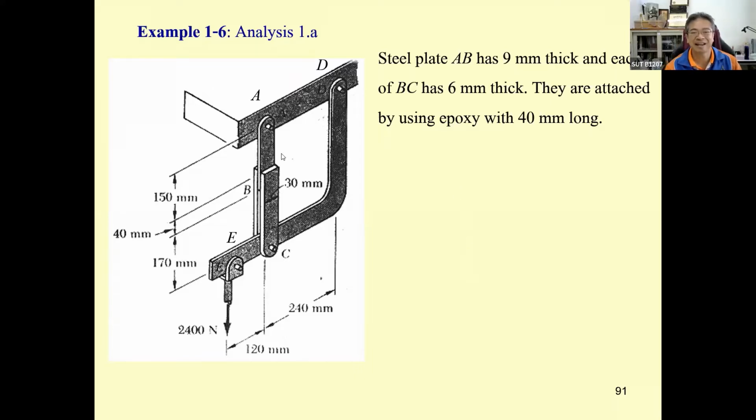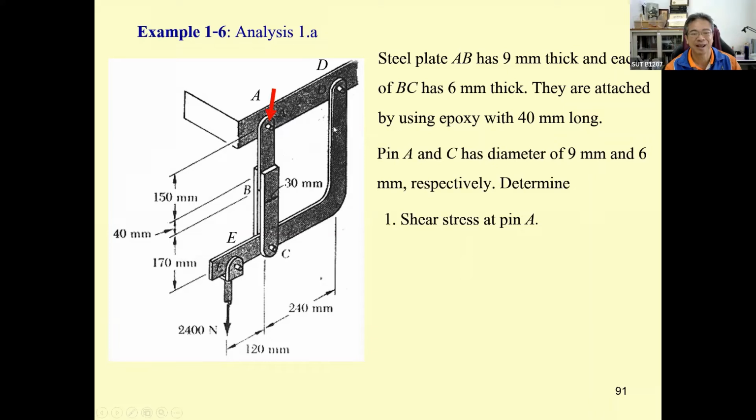Let's see, this is going to be our problem. The first steel plate AB on the top is 9 millimeter thick, and BC is two plates, each of them 6 millimeter thick, and the groove over here is 40 millimeter long.